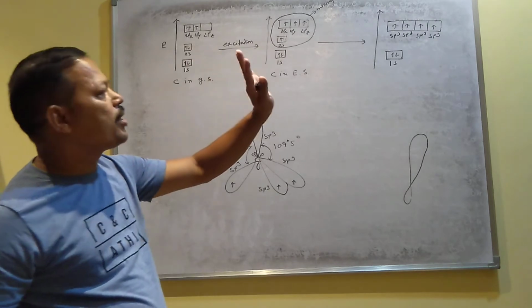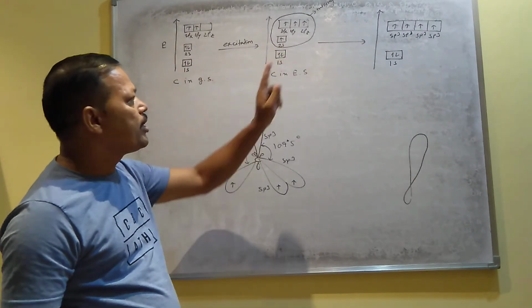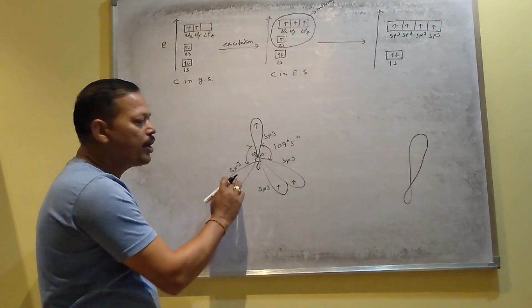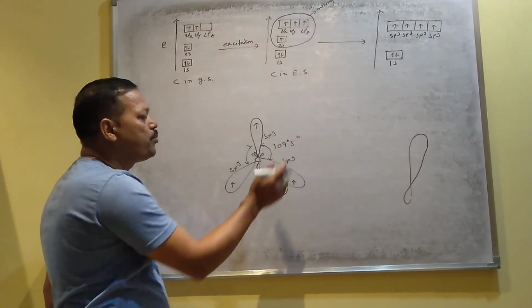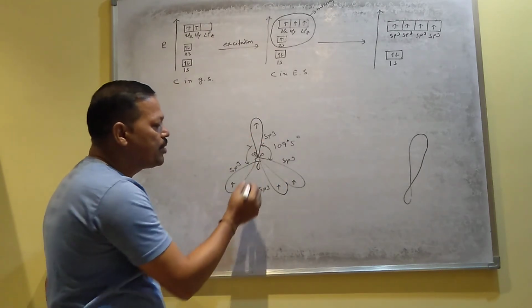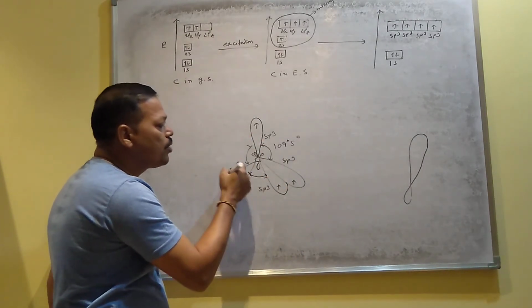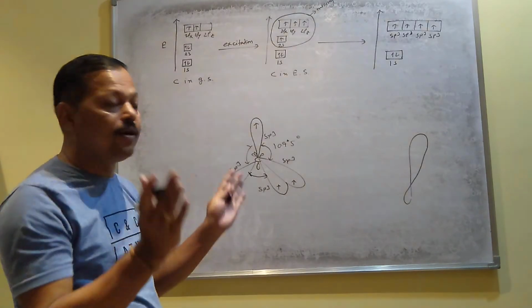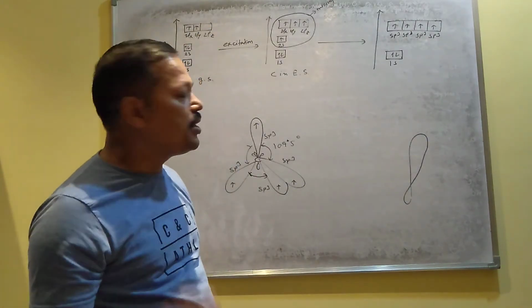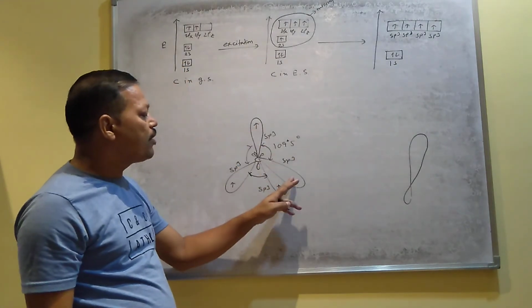So when carbon undergoes sp3 hybridization, the 4 sp3 hybrid orbitals are tetrahedrally arranged with bond angle 109.5 degree. Similarly, these two orbitals also have an angle of 109.5 degree. Every angle will be the same, and each orbital contains 1 electron.